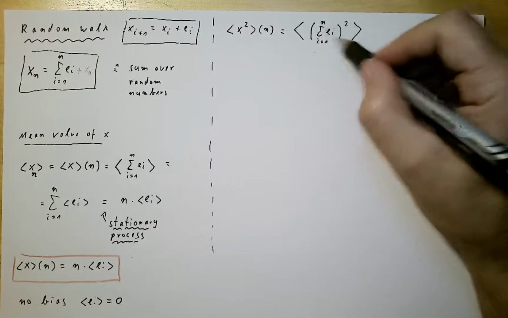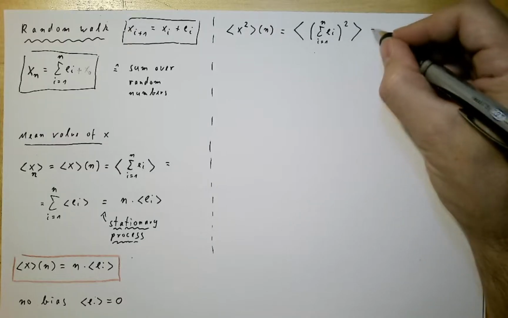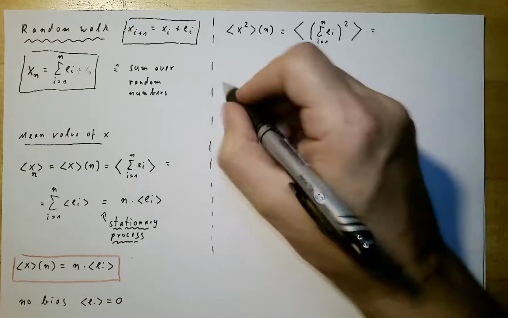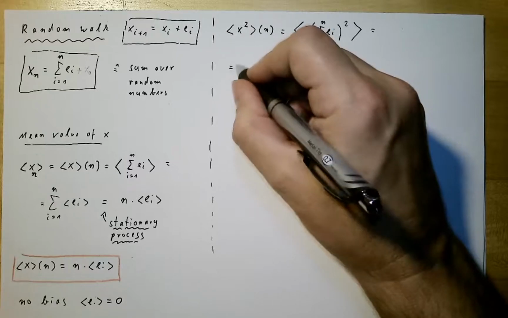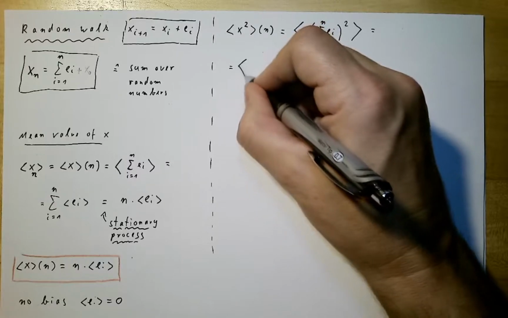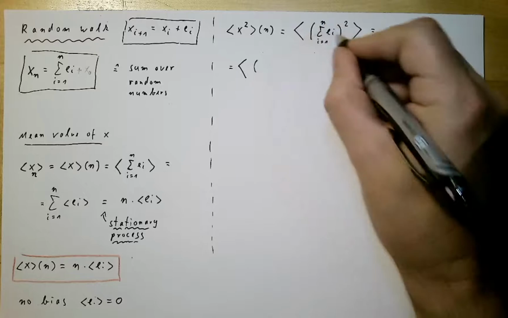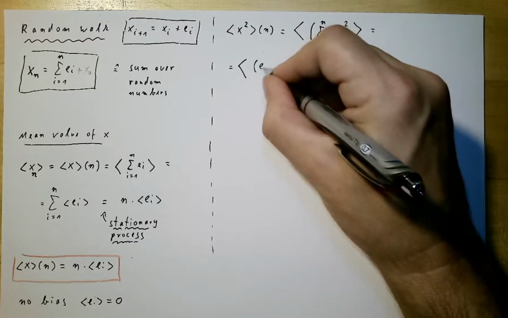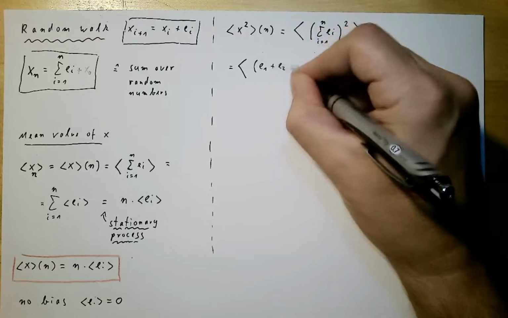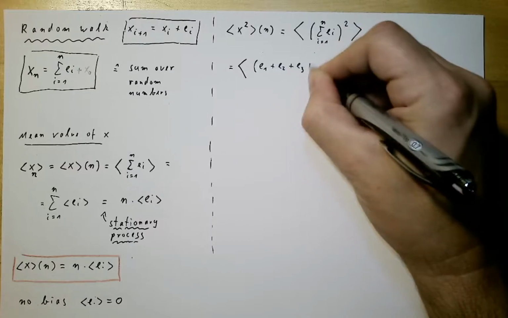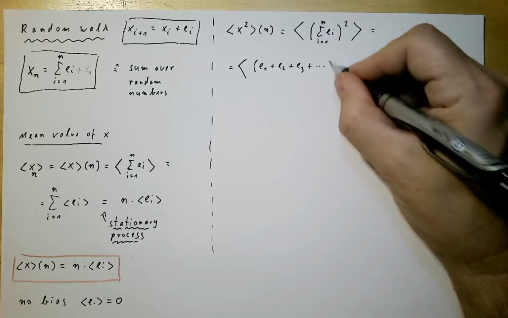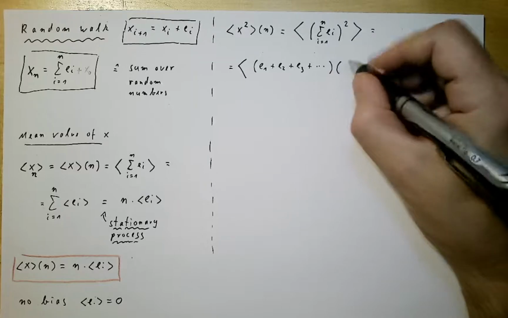Now, in order to see what this means, it helps to write this down in a simple way. So the sum here means we have the first increment plus the second plus the third and so on. And then we have to multiply this again.